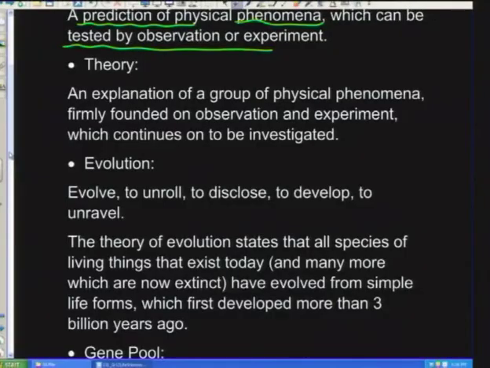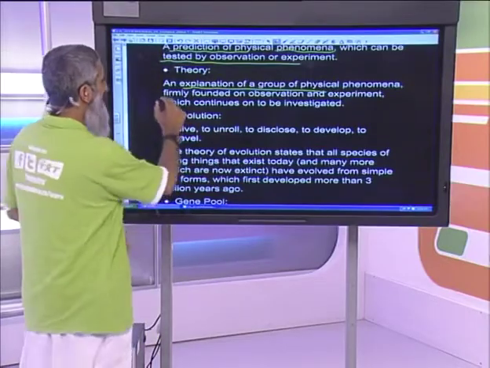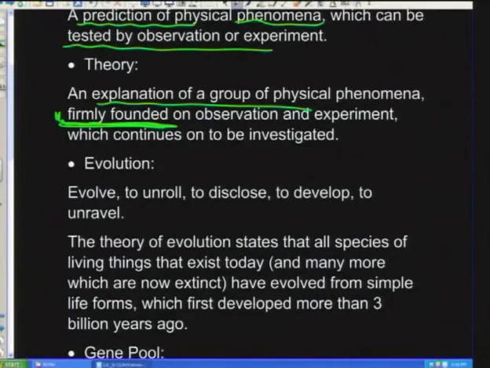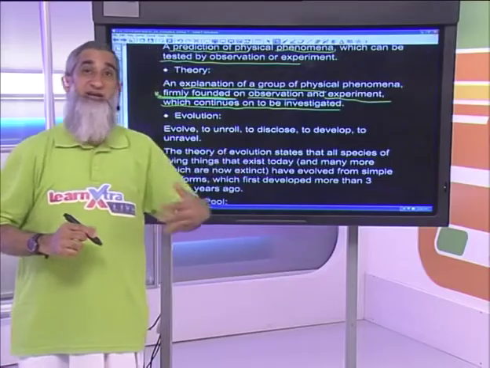It's an explanation of a group of physical phenomena, some of the things that people or scientists have observed, firmly founded on observation, on what they see, what they hear, what they feel, and experiment, which continues on to be investigated. It will be continuously reviewed by scientists globally.